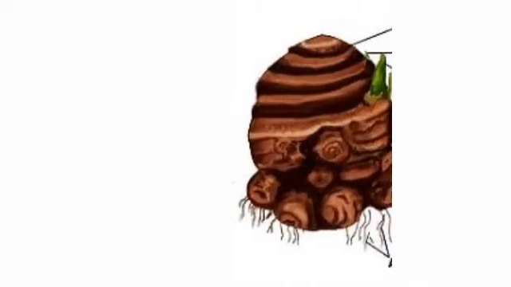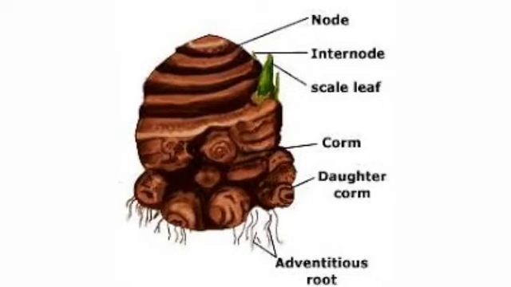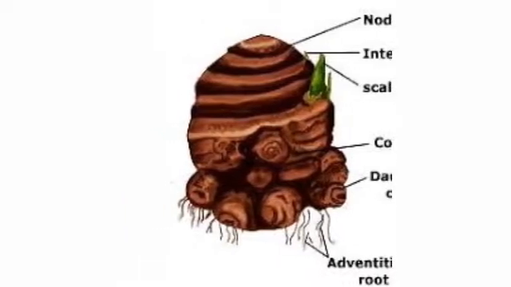Next, corm. This is an underground stem, round in shape, flat at the top and bottom, and bears one or more buds in the axils of scale leaves. For example, colocasia.